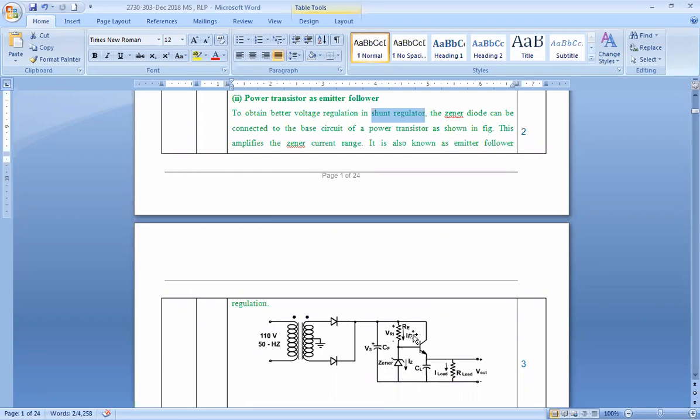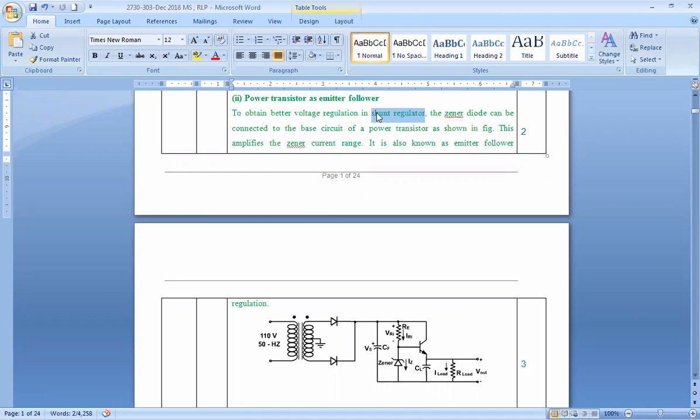If the potential given at the base is higher, then this transistor turns on. If VB is too less, then we are sure that this transistor wouldn't turn on, right? So with the help of the Zener diode, we are trying to control the current that is passing through the transistor.